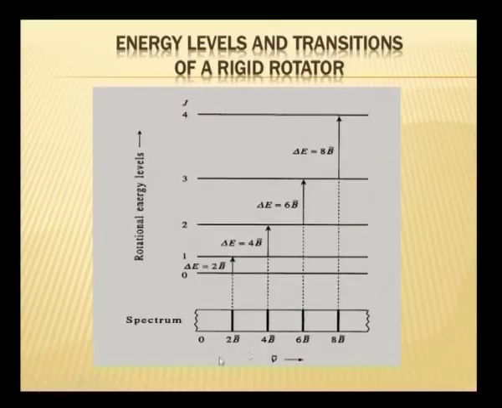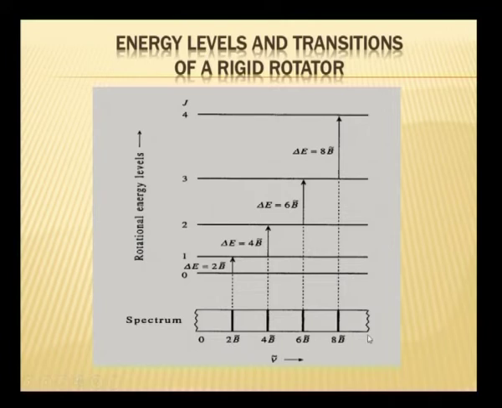I was asking you the question, where are the discrete states or the adjacent states? Now, the adjacent states are found here. J equal to 0, you have the energy state here, at the top J is here, 0 is here, 1 is here, the delta E will be 2B, again this delta E again will be 2B, again here is 4B, 6B, 8B.